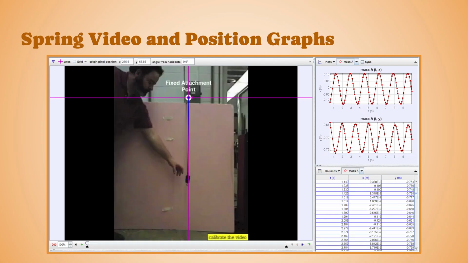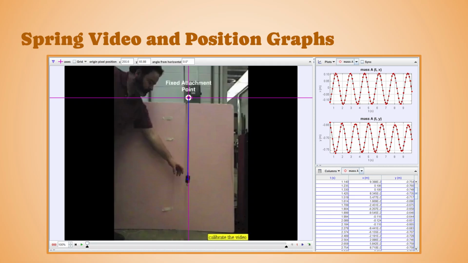For my spring video and its associated graphs, as you can see here, this is what my view looked like while I was recording the values of the mass position in Tracker. The fixed point is demarcated by the crossing of the two pink lines, and the position of the mass is demarcated by the blue calibration line from the attachment point to the mass.